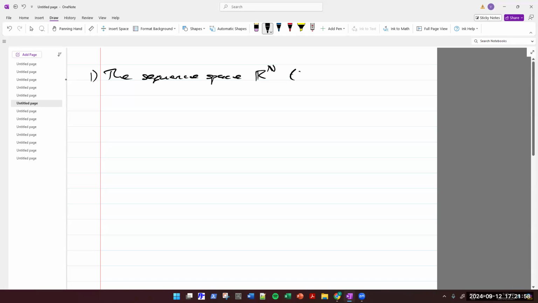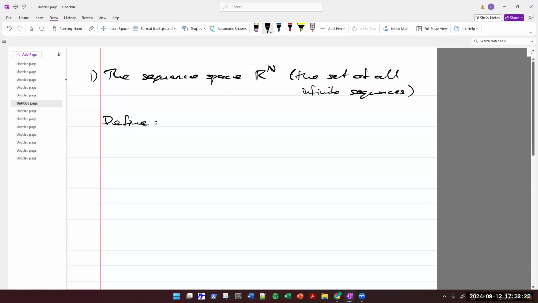Yeah, the set of all infinite sequences. And these sequences, they may be bounded or unbounded. That doesn't matter.